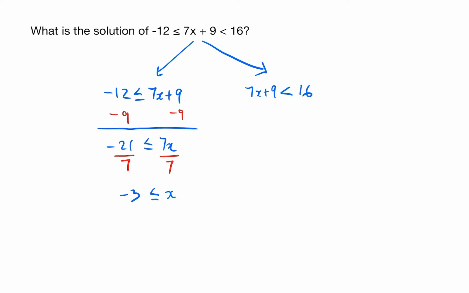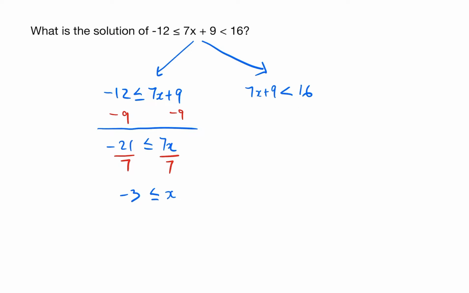Notice that we didn't switch the inequality sign here because we're dividing by a positive number. This negative number sometimes throws students off, but just remember it's what you divide or multiply by that requires you to switch the sign. Otherwise, you don't.